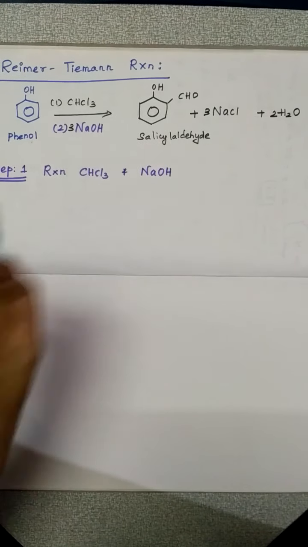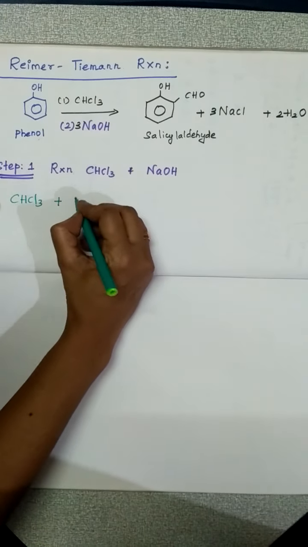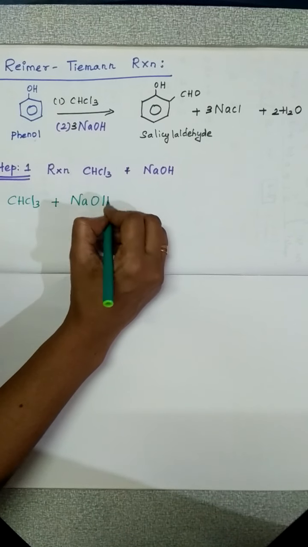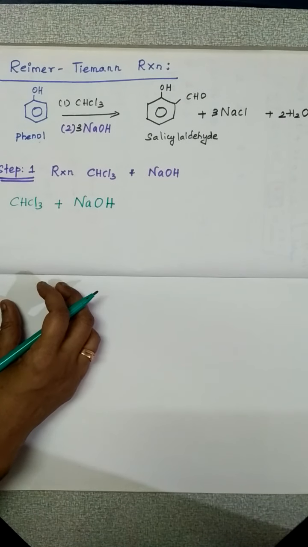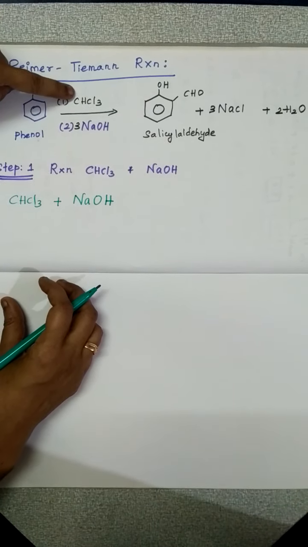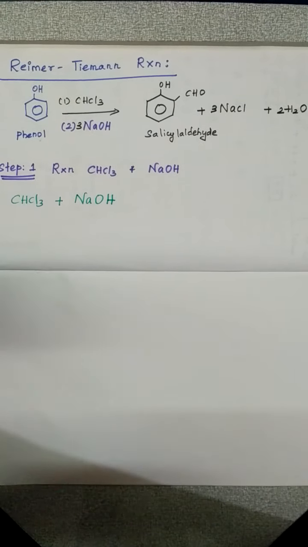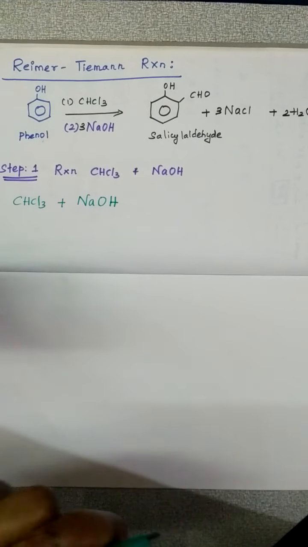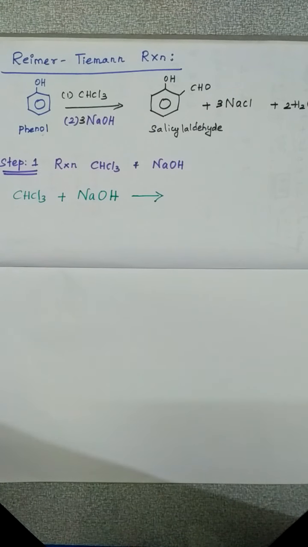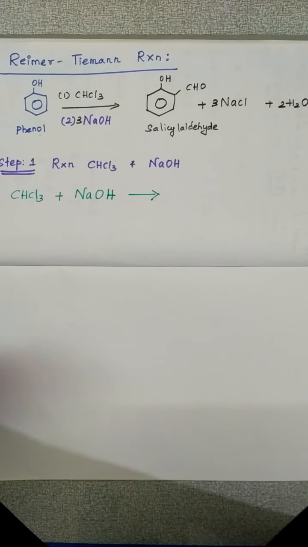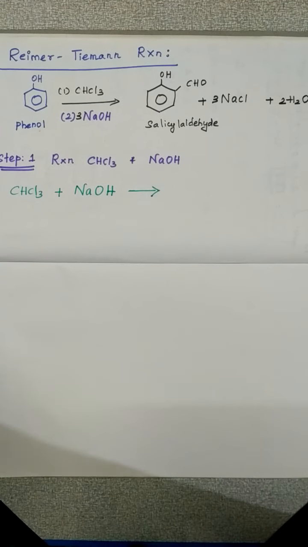Here, chloroform will react with sodium hydroxide. Actually, in that reaction with phenol, we are taking chloroform and sodium hydroxide, so first the reaction will be between chloroform and sodium hydroxide. In the sodium hydroxide, I am going to take only the nucleophile, that is OH minus.